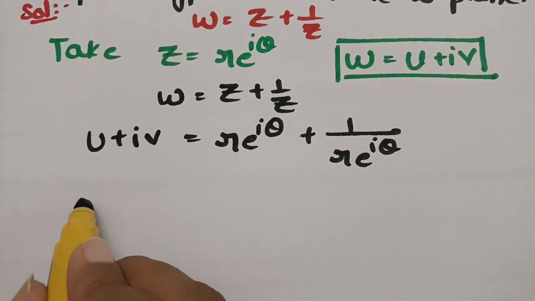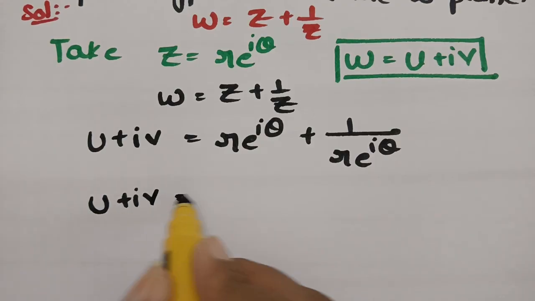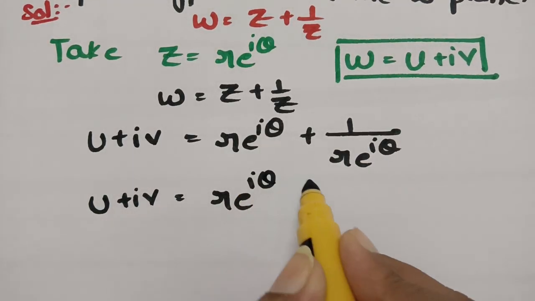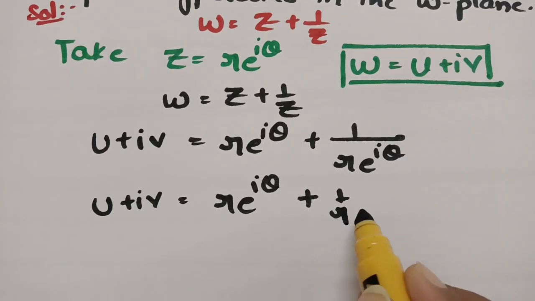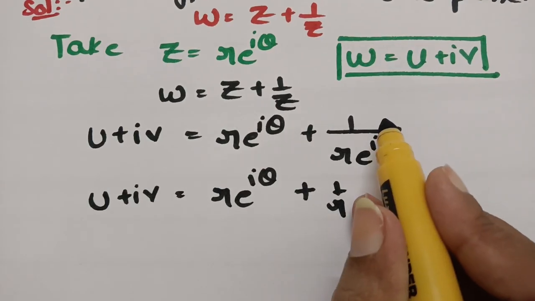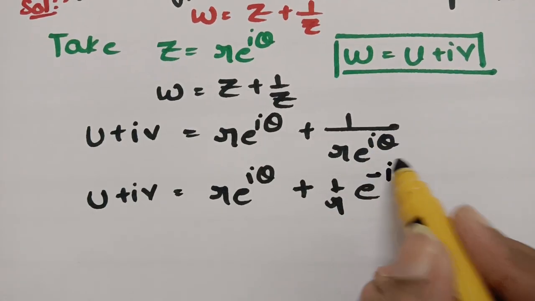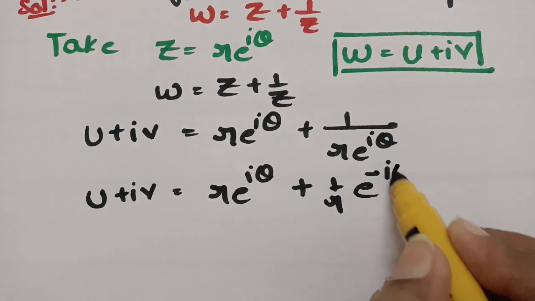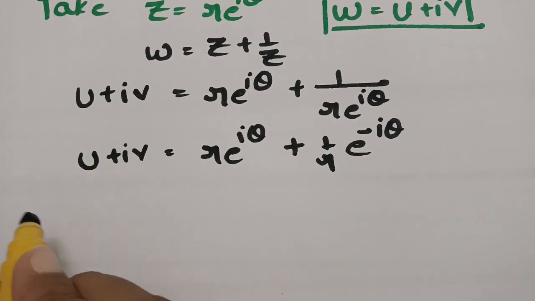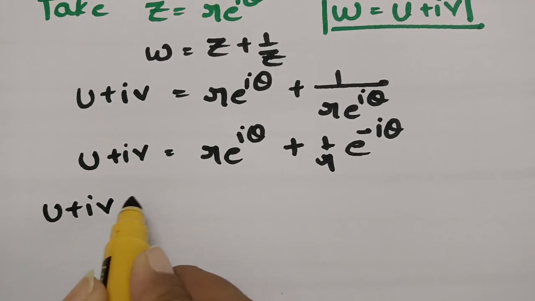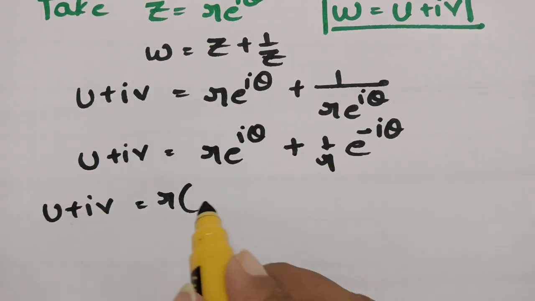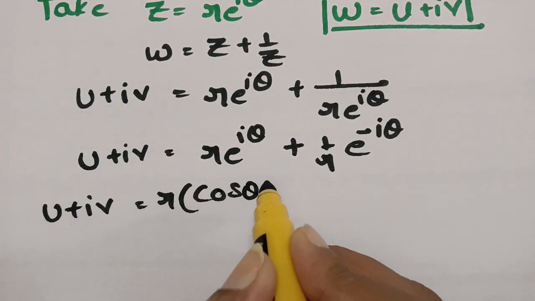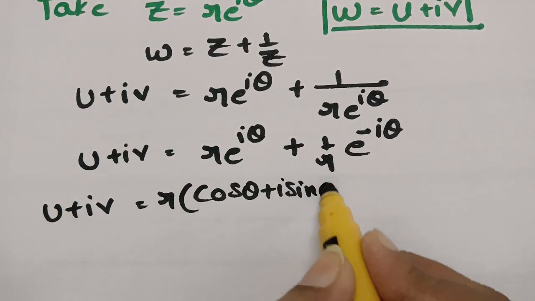Clear? So this is U plus iV is equal to R into e power i theta plus 1 by R. If you send this denominator to the numerator, it will be minus, so e power minus i theta. So here U plus iV is equal to R times of, what is e power i theta? This is cos theta plus i sin theta, as everybody knows.